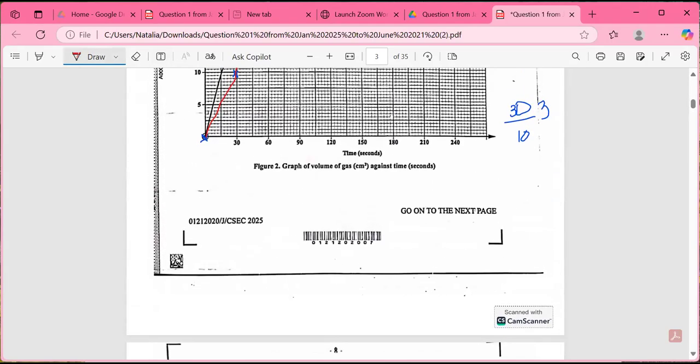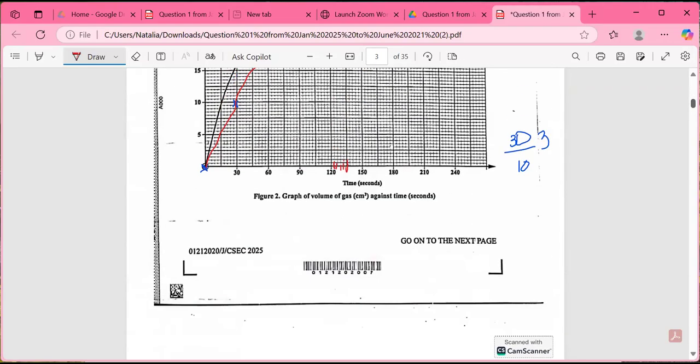So we start at 120. This line here would be 123. This would be 126, 129, 132, and this is 135. So this bright line here is where the 135 is.